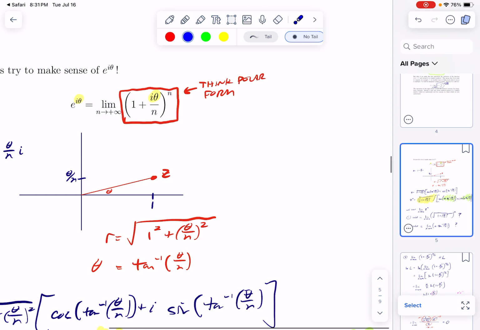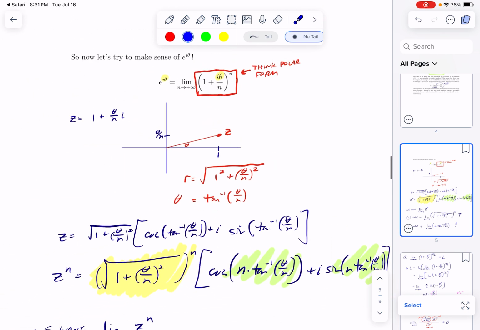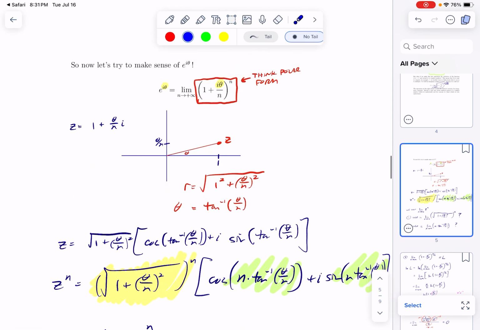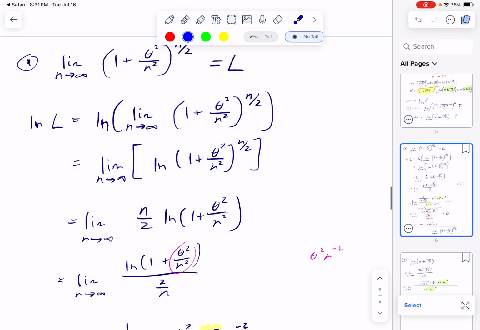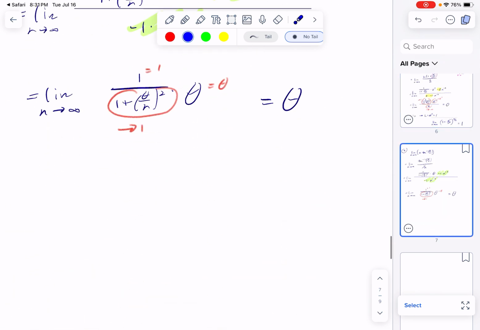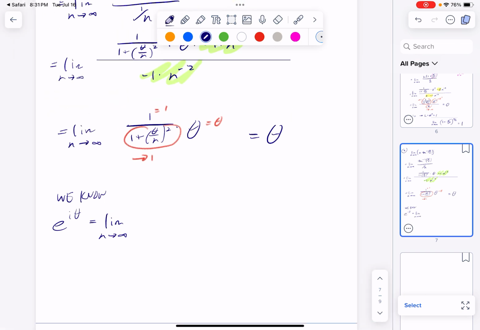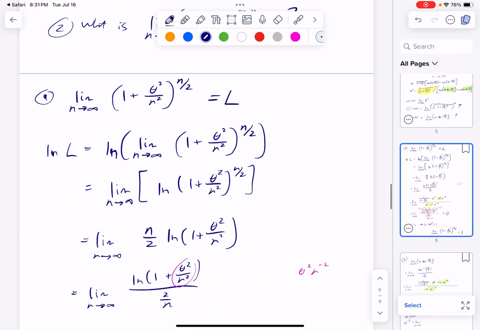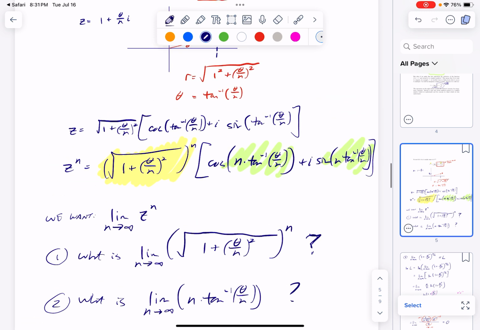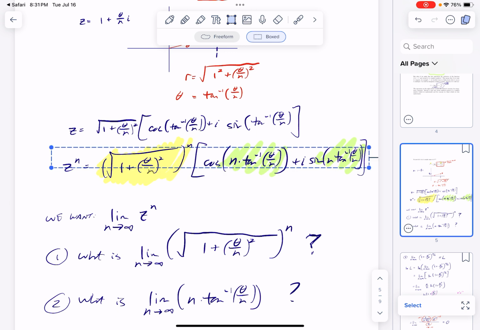We've done all of this work. And so e to the i theta, where we are right now, we know that e to the i theta is the limit as n approaches infinity of this crazy expression we have down here.